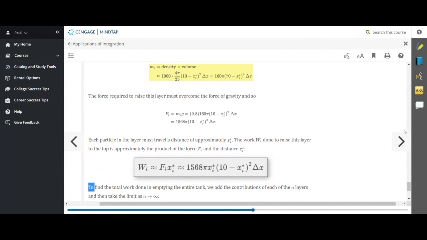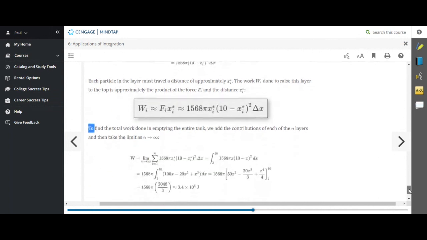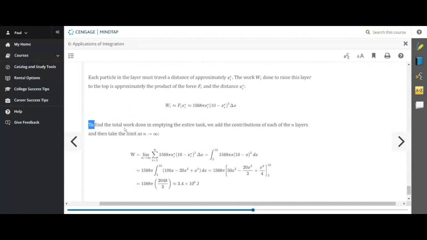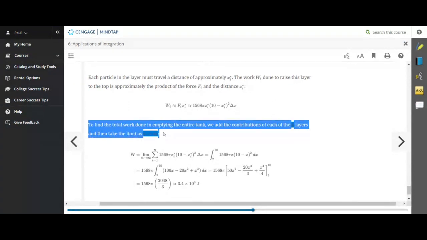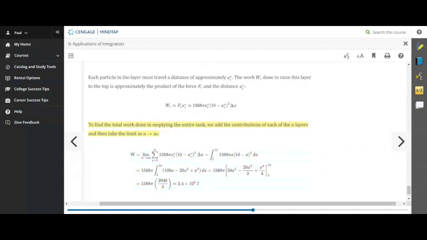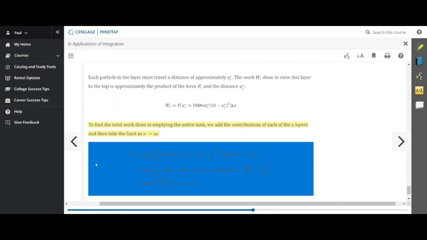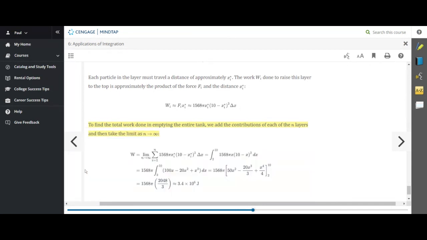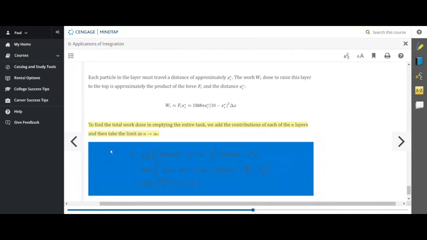All right, finally, to find the total work done in emptying the entire tank, we add up all the little pieces of work. So we get the Riemann sum. Forgive me one moment, it's a little picky on how to highlight.